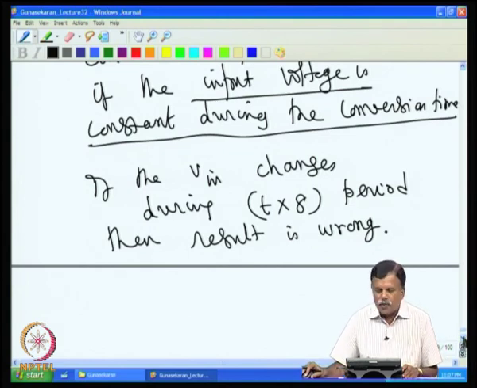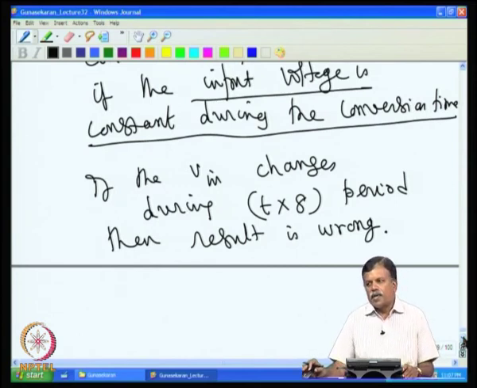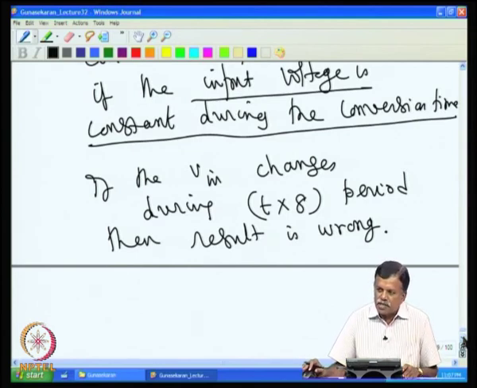This is an important drawback of this converter, because it starts from MSB and continues to convert assuming that the input is constant. After the first conversion, if the input had changed, then subsequent results are wrong.